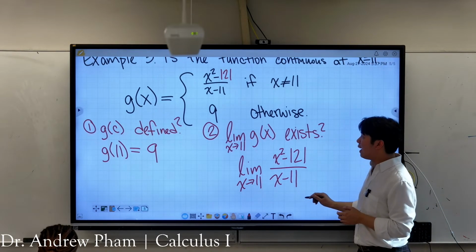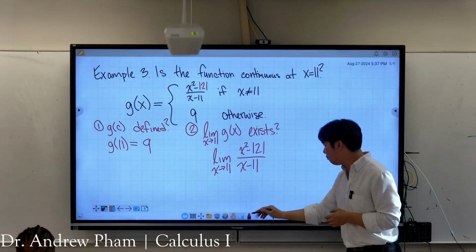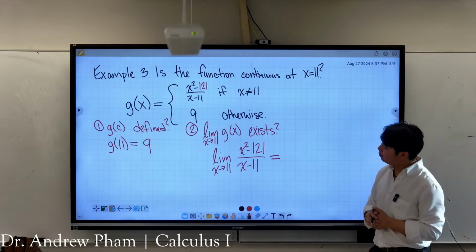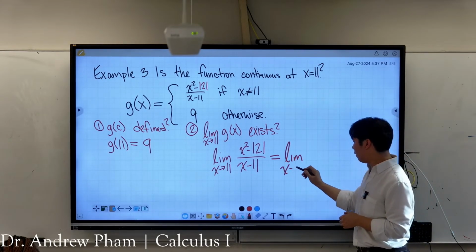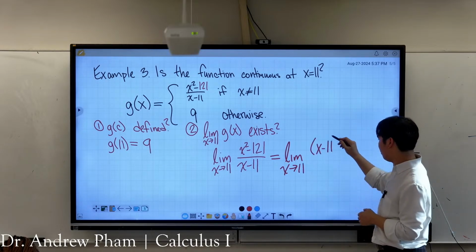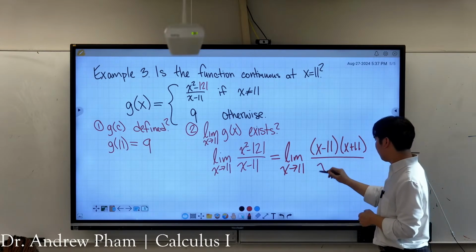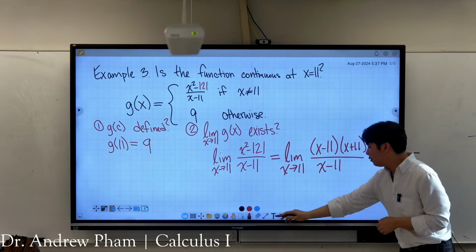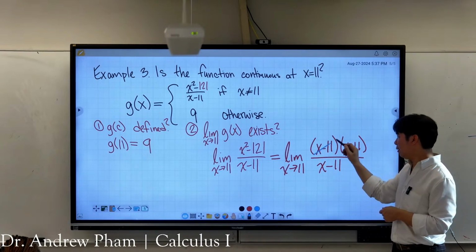So now the question is, how do I work from here? What should I do to solve or evaluate this? Factor. What does the top factor into? All right. Do I get cancellation for a limit? For sure.